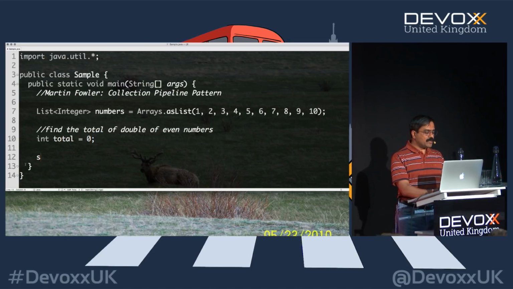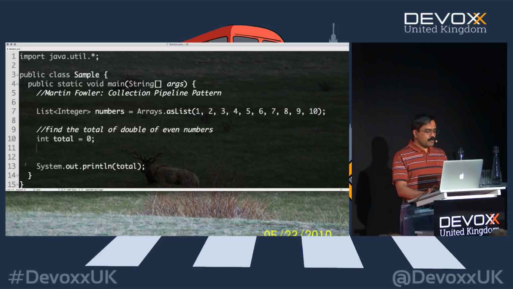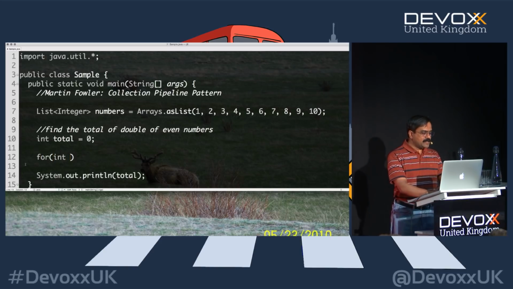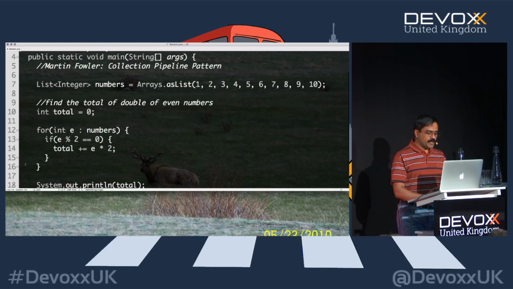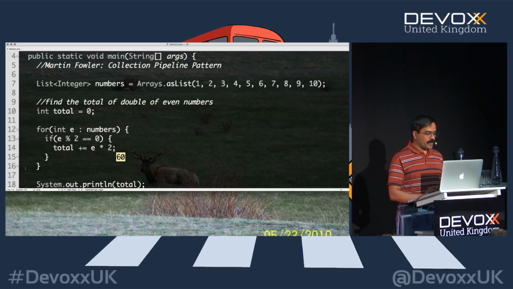We want to output the value of total when we are done, but we would start with something like for int element coming from, let's say, numbers, and then we would say, if element mod 2 is equal to 0, which is an even number, then we would say total plus equal to the element times 2, and then we would loop through this and execute the results for what we are looking for.